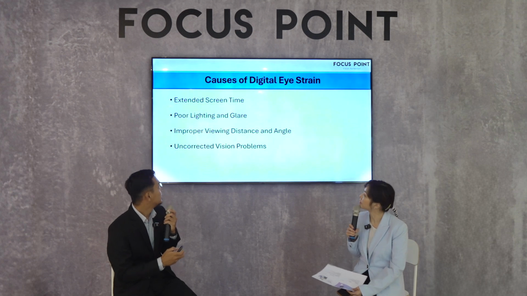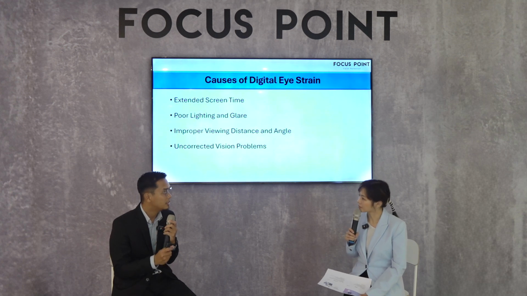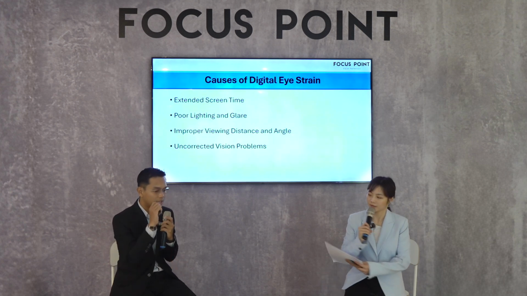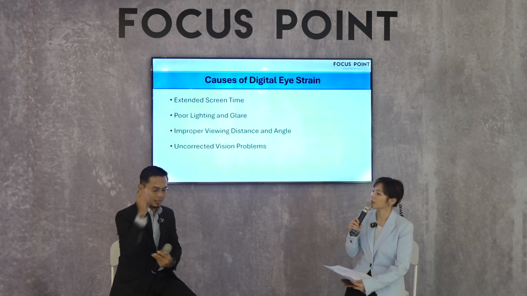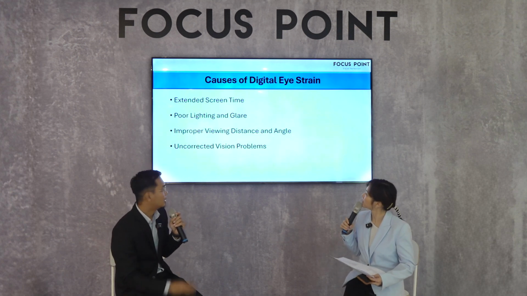Another one is improper viewing distance and angle. Make sure when you read, the distance is appropriate. The recommended reading distance is about 33 to 40 centimeters, or as a rule of thumb, just use your elbow length.